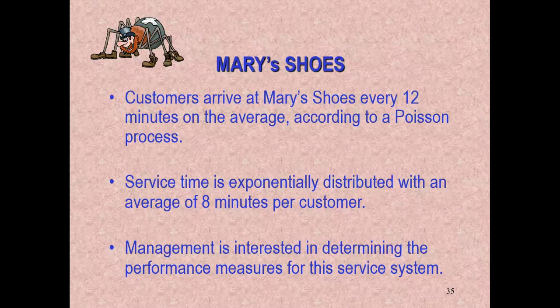On average, one customer every 12 minutes. What I'd really like, though, is a rate per hour here. How can I get this to a rate per hour? One customer every 12 minutes, some of you can just do it in your head, but what does that mean? How many per hour? What's the lambda I want to put in here?